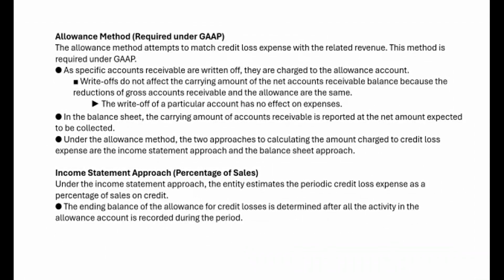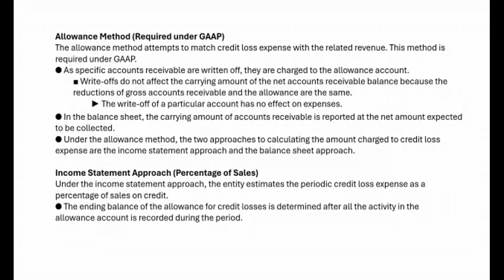Allowance method required under GAAP. The allowance method attempts to match credit loss expense with the related revenue. This method is required under GAAP. As specific accounts receivable are written off, they are charged to the allowance account.